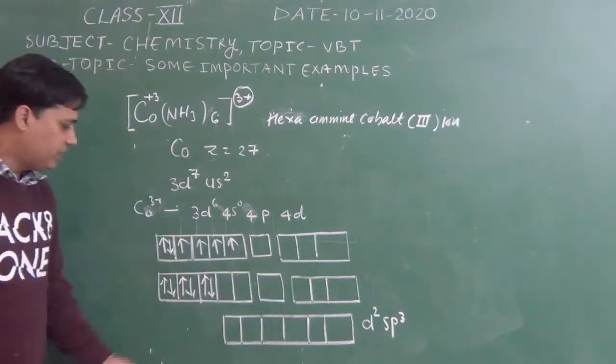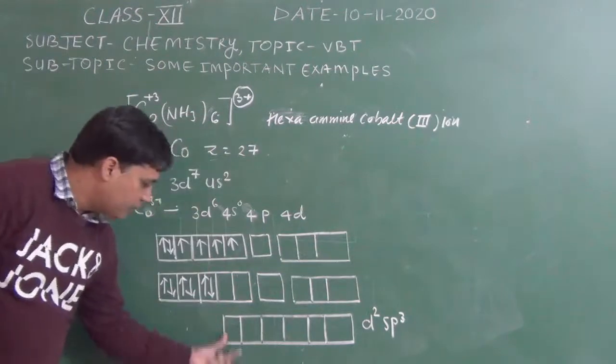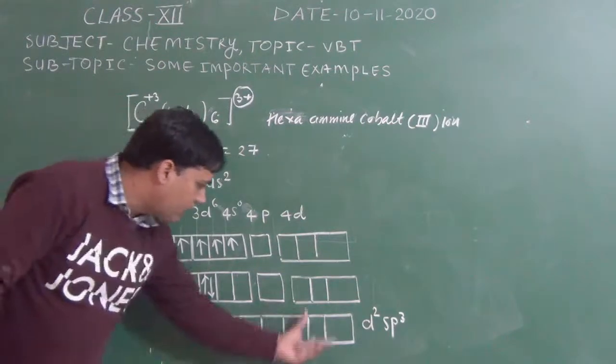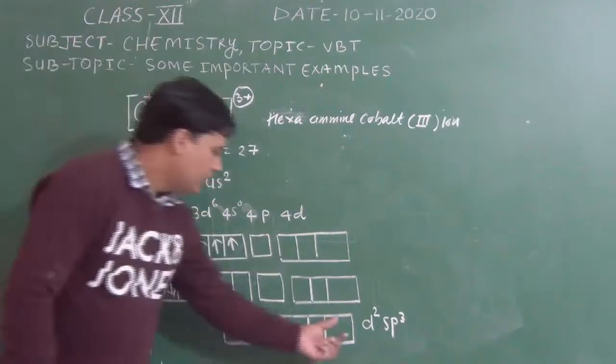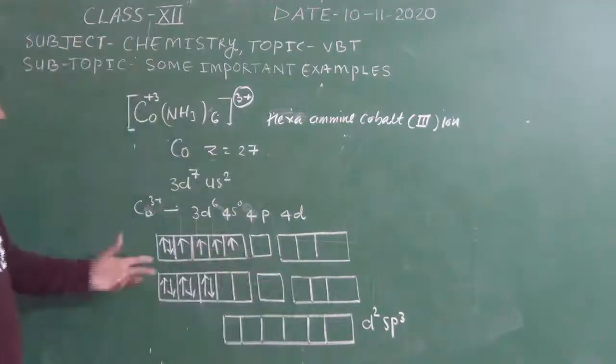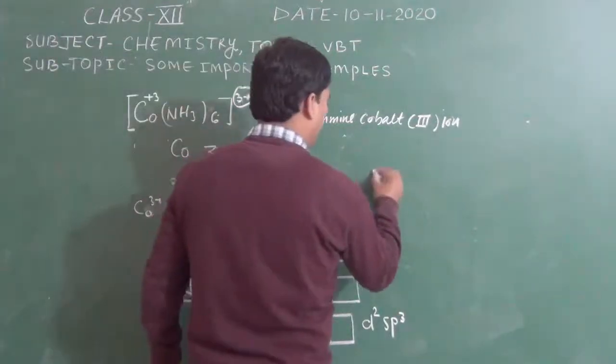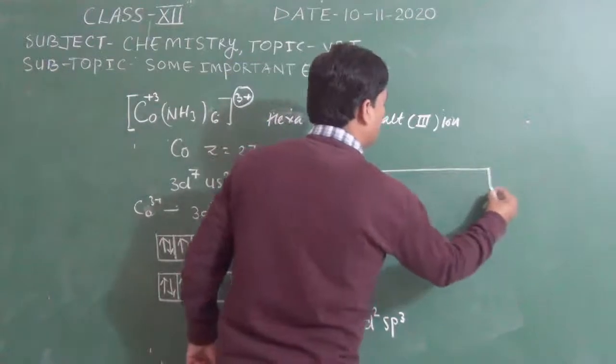So in this way, how many ligands? 6 ligands are present. So 6 ligands can donate the electron pair to these particular orbitals. Okay, so 6 d2sp3 hybrid orbitals form after the hybridization. And how does bonding occur, how can we represent the bond formation?